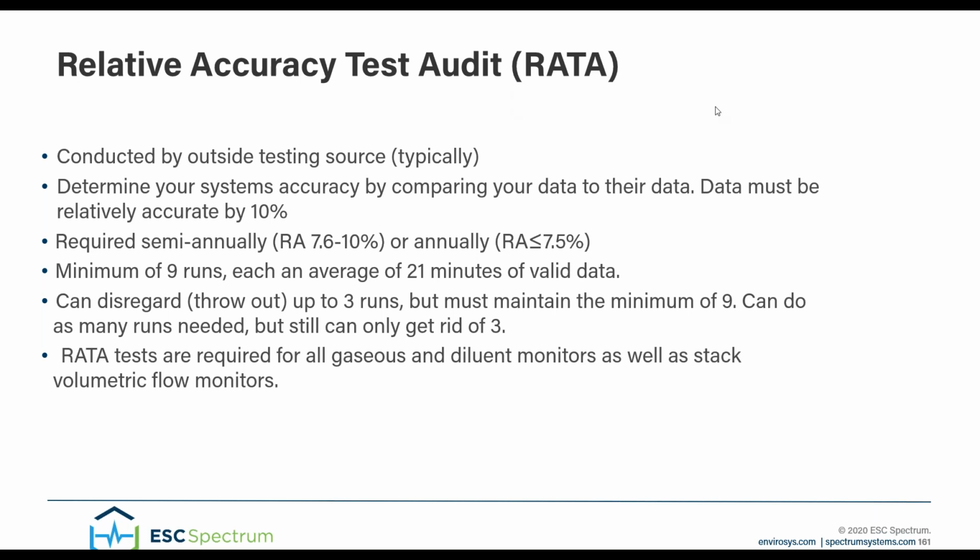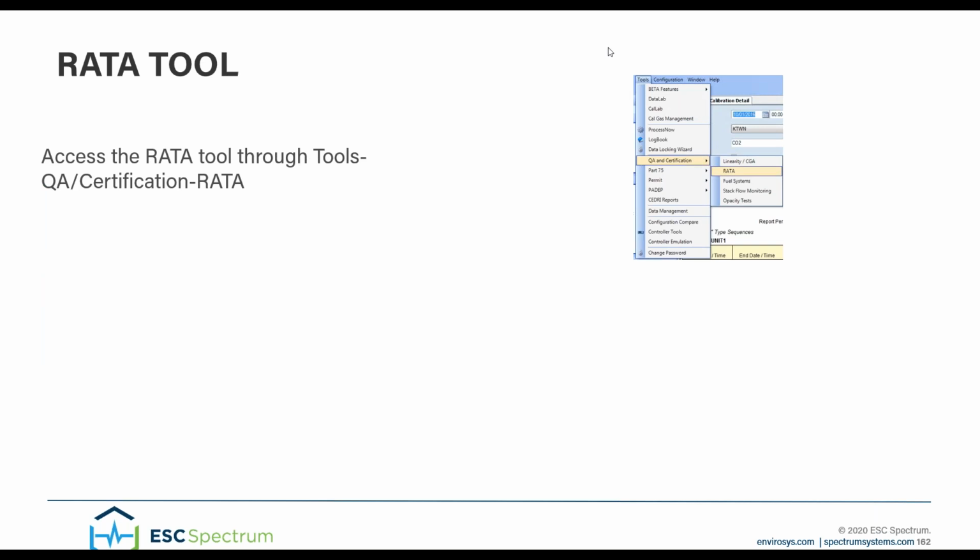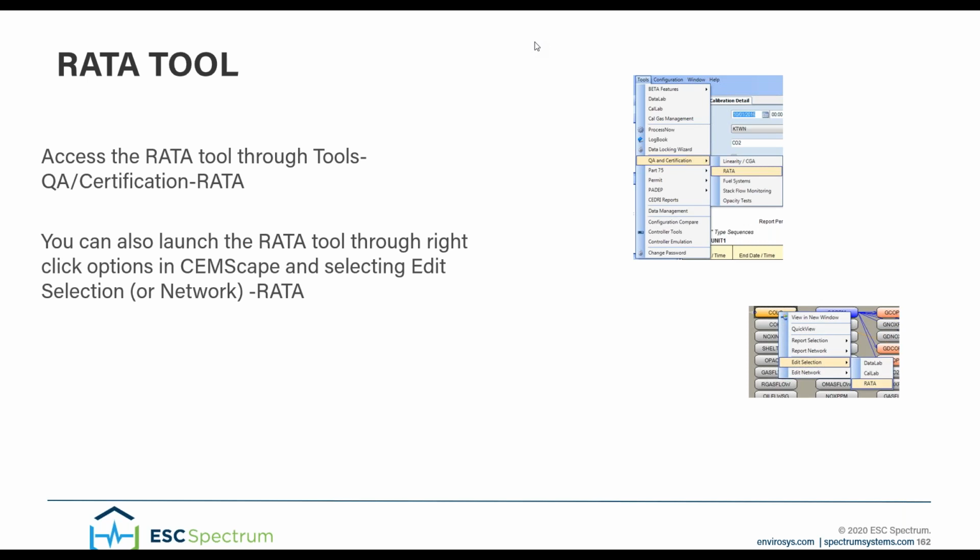And just like the other piece with the linearities and CGAs, we have a RADA tool. And we can access that tool through the QA certification tool and RADA. We can also launch the RADA tool through the right-click options in SemScape and select Edit Selection or Network and select RADA.